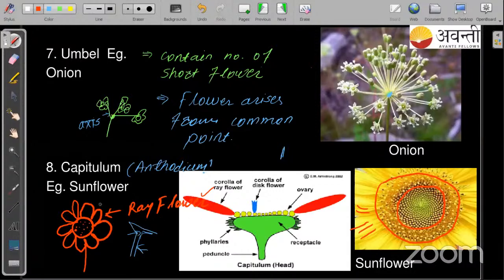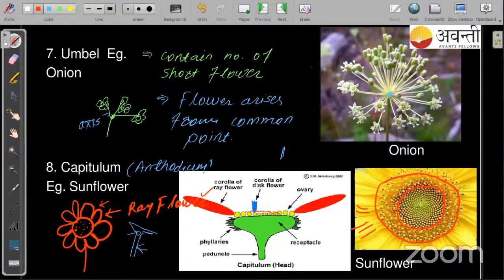The outer part of the inflorescence is known as the ray flower, and the inner part of the inflorescence is known as the sessile flower. You can see here this part is the sessile flower. Here the floral arrangement is centripetal.